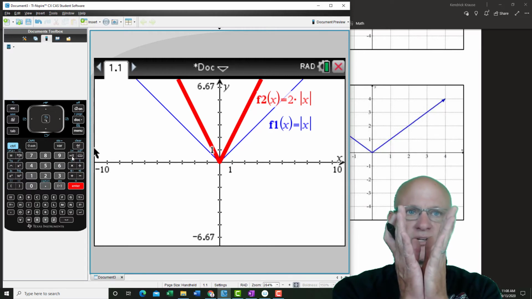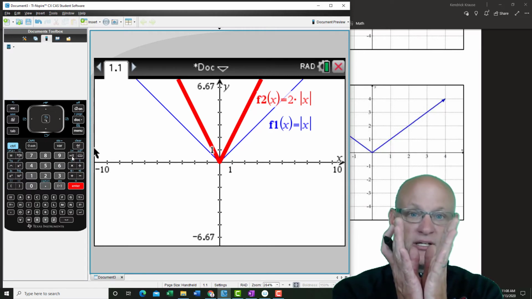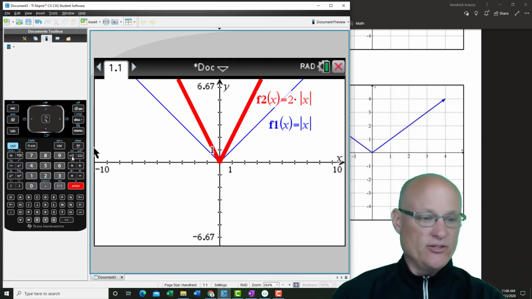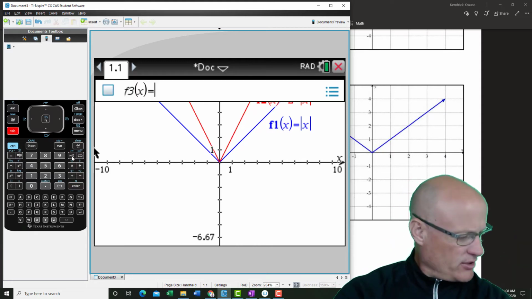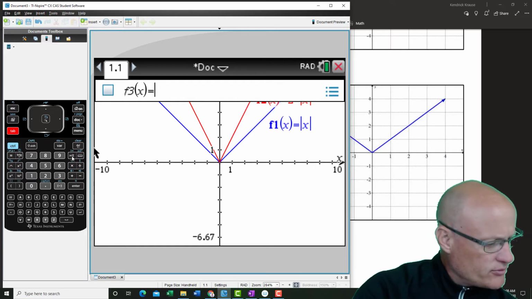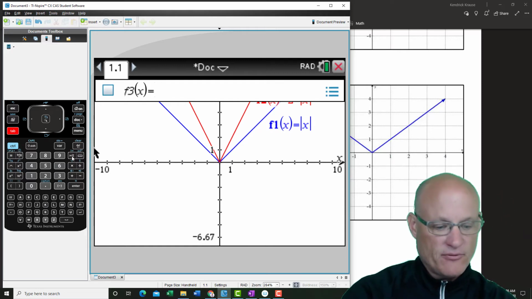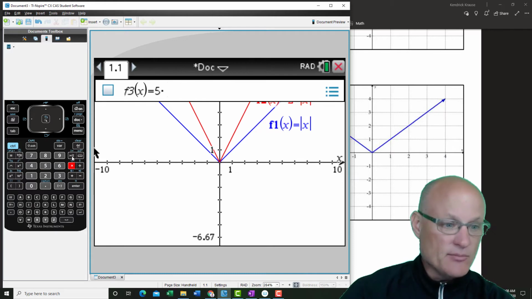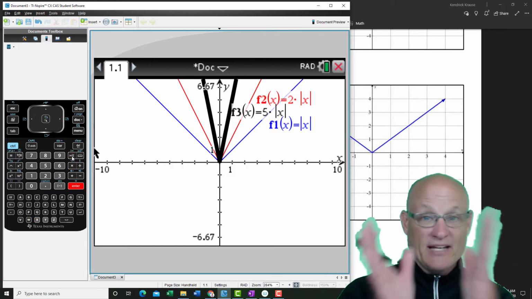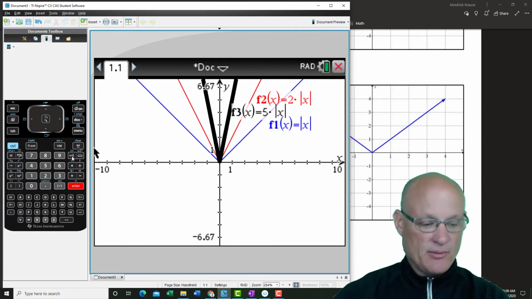So in other words, it looks like it's changing how steep it is or its rate of change. Let's do one more. What was the next number I used? 5. Let's put a 5 out there. 5 times the absolute value of x. Oh, it got even steeper. So let me do that real quick.